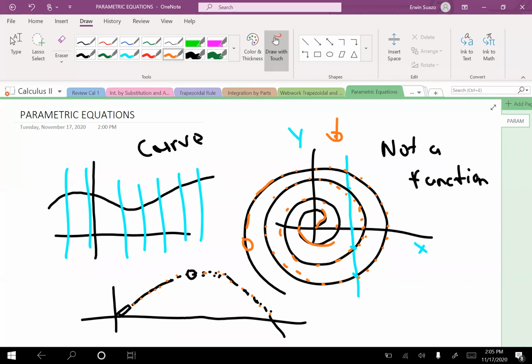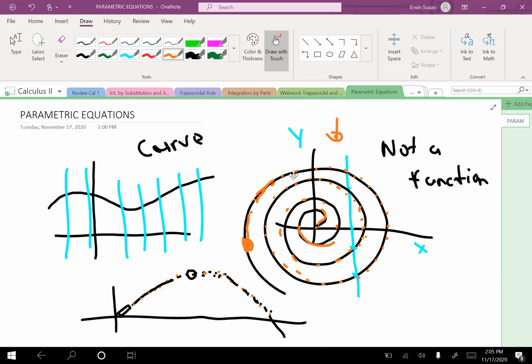Because if this is a particle, this particle has a speed, right? It's moving, so it has a velocity. And we associate the speed or velocity with the tangent line.